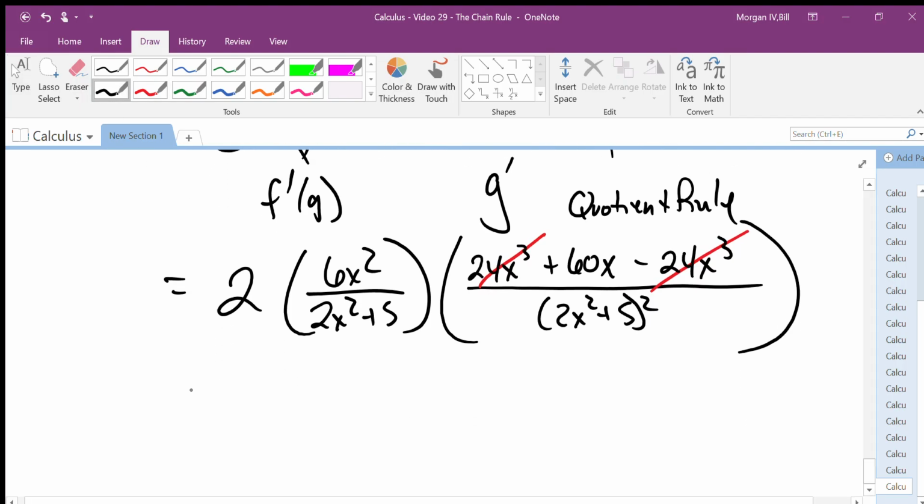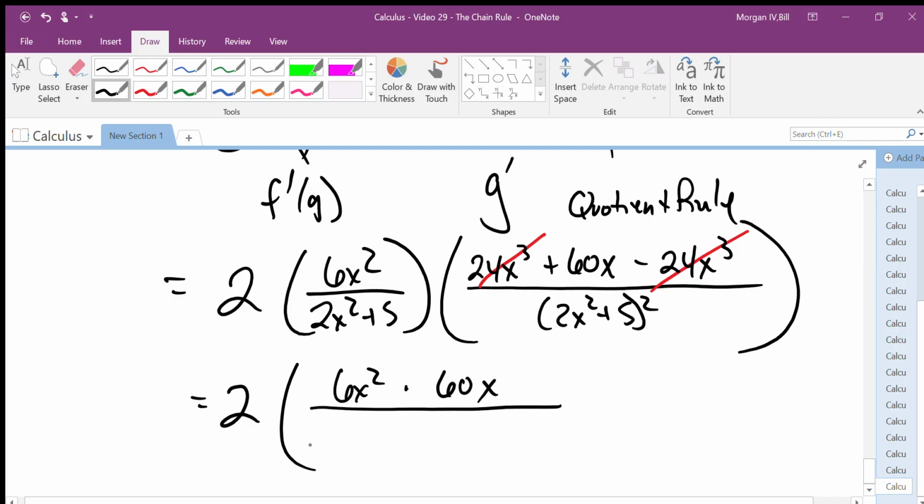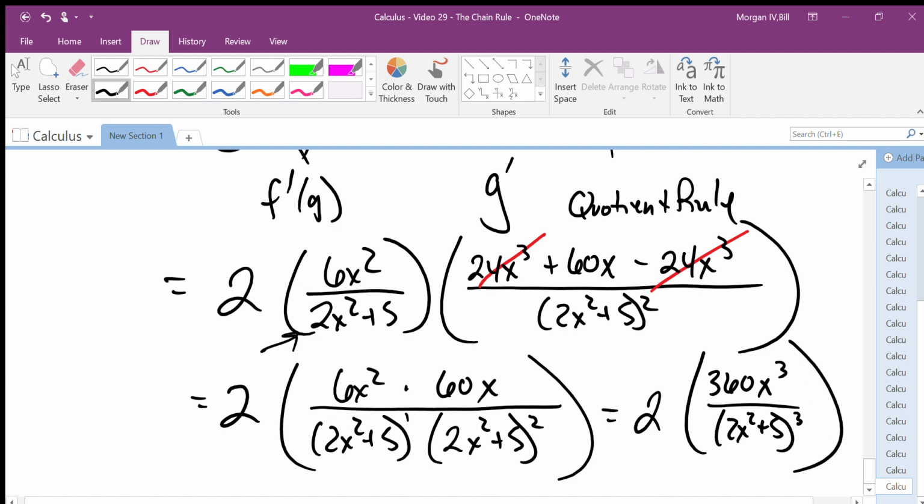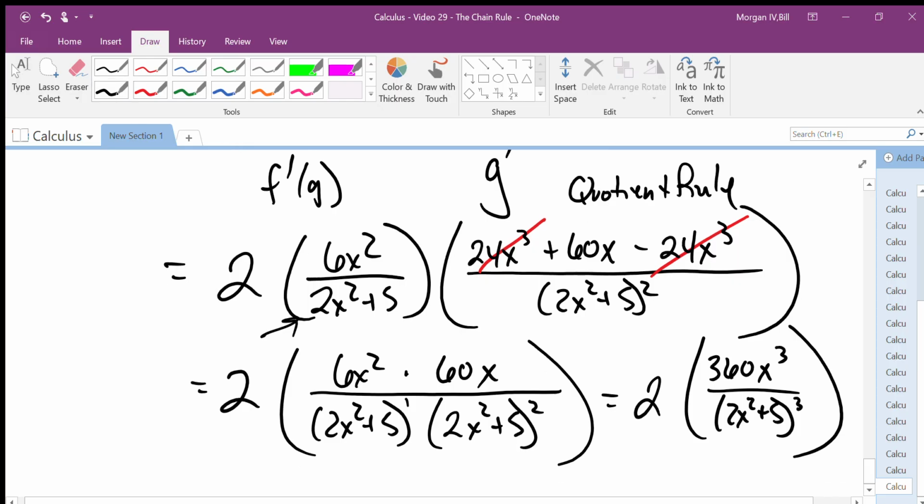I have 2 times 6x squared times 60x over 2x squared plus 5 to the first, right, that's this one right here, times 2x squared plus 5 squared, which is 60 times 6, 360x cubed, 2 times 360x cubed over 2x squared plus 5 to the third, right? 2x squared plus 5 to the first times 2x squared plus 5 squared is 2x squared plus 5 to the third.